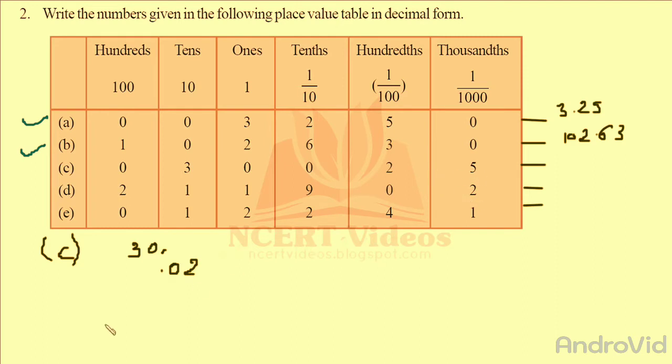Now we have thousands also. That would be plus 0, 0, 5. Adding them up, first put the decimal, 3, 0, 0, 2, 5. That makes our C part.